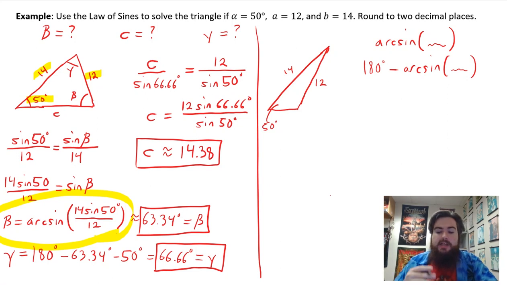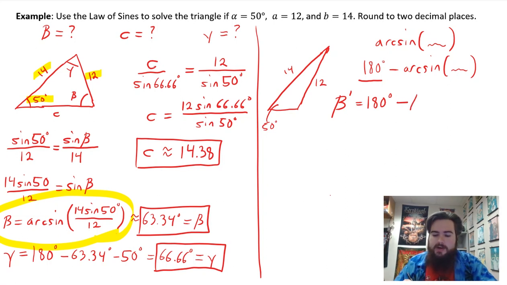In this case, because this is the secondary set of solutions, I'm going to differentiate them with primes. So I'll say beta prime, gamma prime, and C prime. For example, here, beta prime, I will say instead of 63.34, I'm going to take 180 degrees and subtract the solution that I had calculated before.